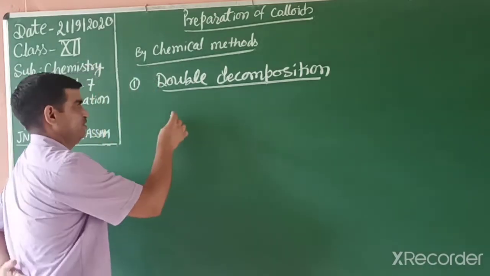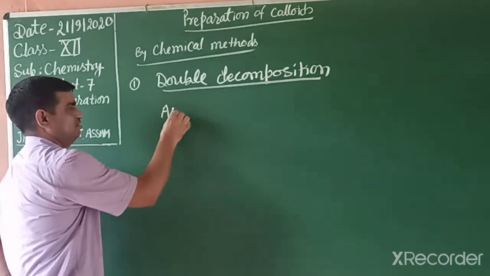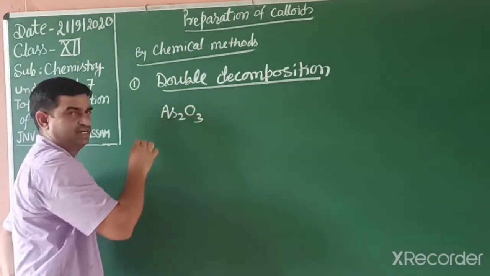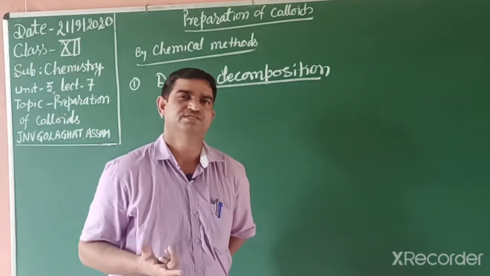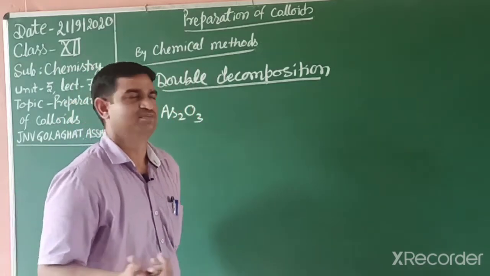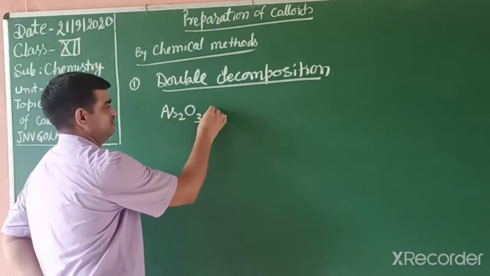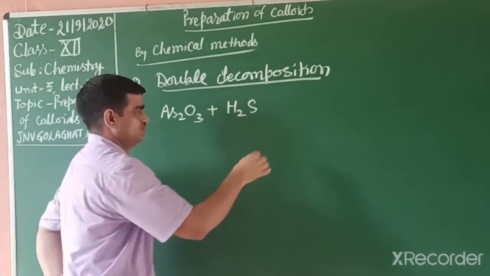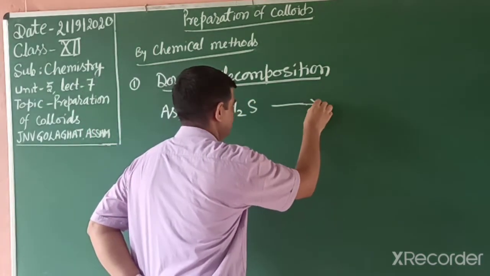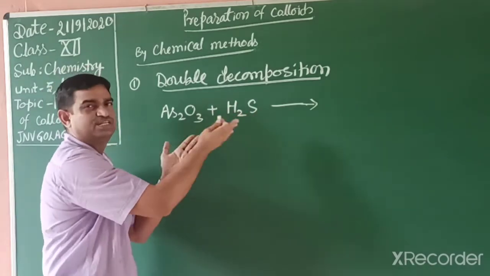We take an example of this reaction, arsenious oxide. We know arsenic is in the nitrogen family group, with valency 3 or 5 depending on the nature of the compound. Arsenious oxide reacts with hydrogen sulfide. Both exchange their ions, so we only have to exchange.